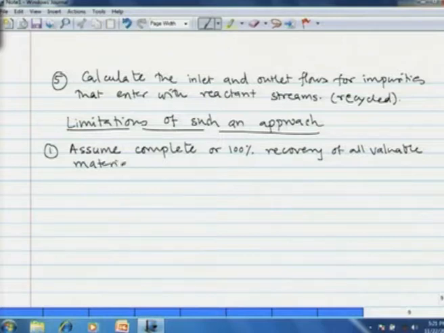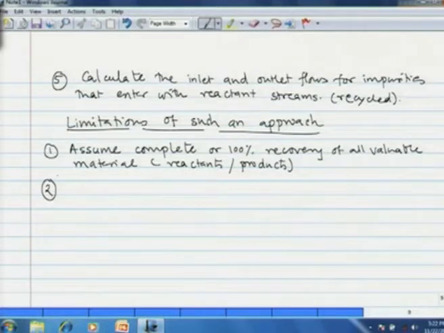I am using word material because it includes both reactants and products and byproducts. Now, it is always more important to find the neighborhood of optimum values of design variable which fix the inlet and outlet flows than it is to include the losses early in the analysis.